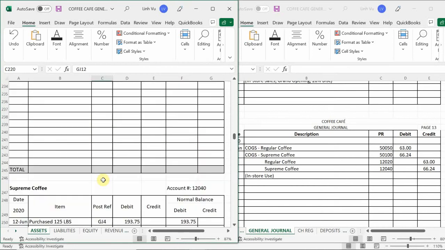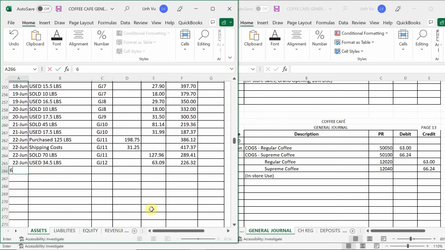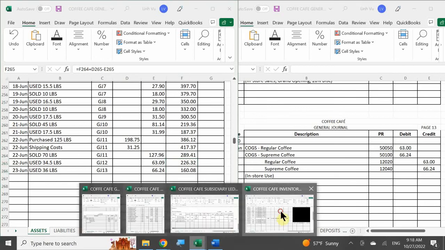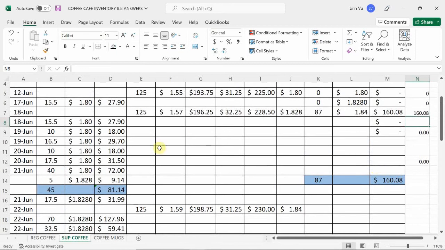Good. And then my Supreme coffee. Used 36 for $66.24. That'll give you 160.08. Okay. Which I vaguely remember that I think that is true. Right? I have 160.08. Yes. Good.